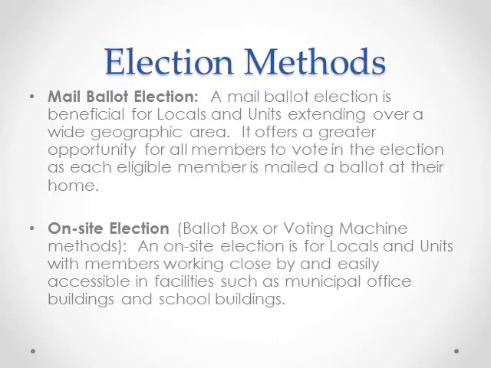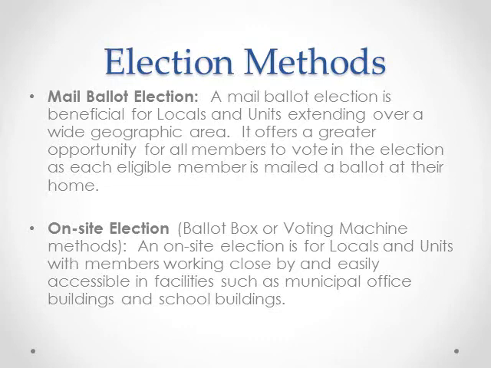Another consideration is cost. A mail ballot election, you have to print all of the ballots. You have to do that for a ballot box or a voting machine as well. But you have to have both postage to mail ballots and return envelopes out to the membership, and postage is required to be on a return envelope so that a member can return their ballot to you in the mail.